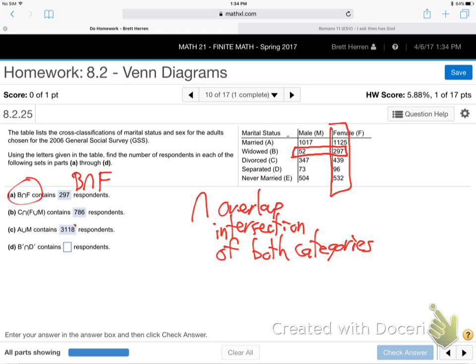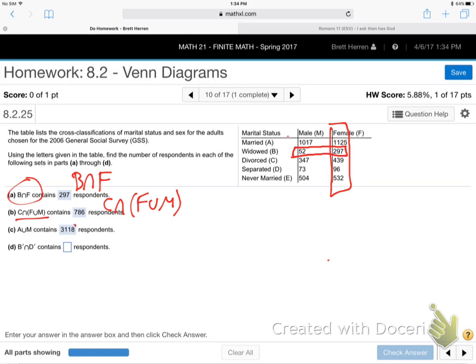And now how about part B? They want me to take C overlap with F union M. So let's take a look at that one. What is F union M? Always start with the parentheses. Remember on these we always start with the parentheses?